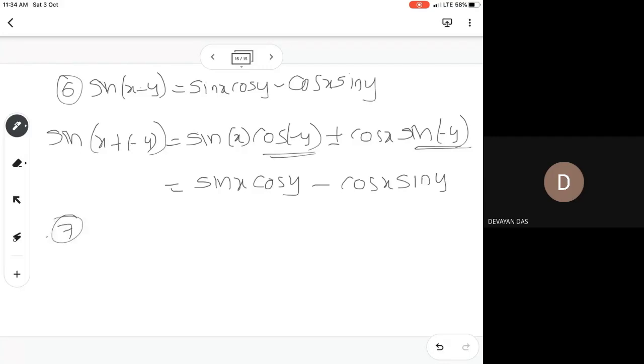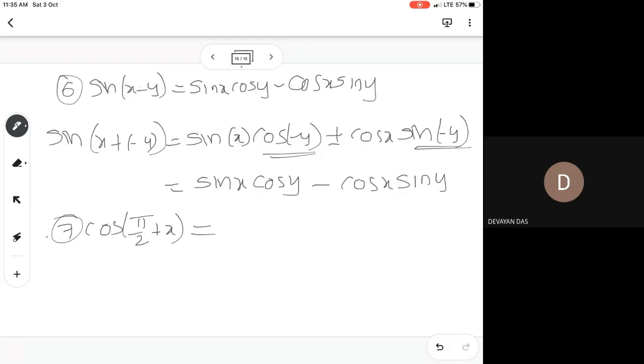Yes, sir. Next, in the same way, cos of (pi by 2 plus x) you can find out. Pi by 2 plus x is in the second quadrant.